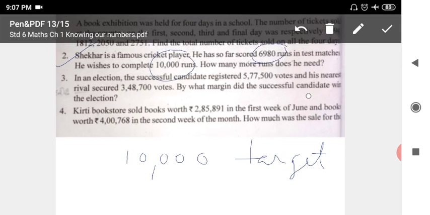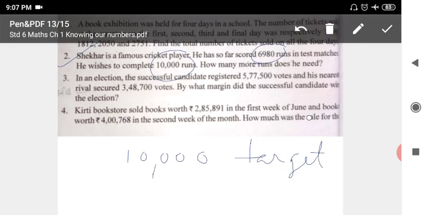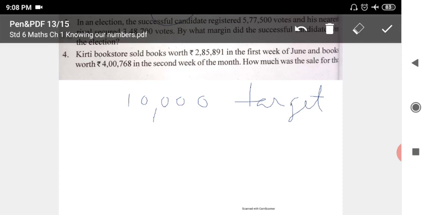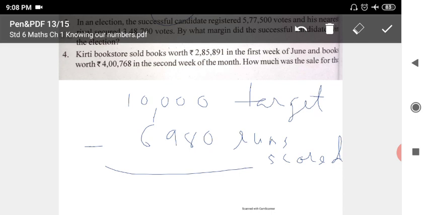Now let us see how many runs he scored: 6,980 runs scored. Now we will do minus, so we get the number of runs that he requires to complete his target.